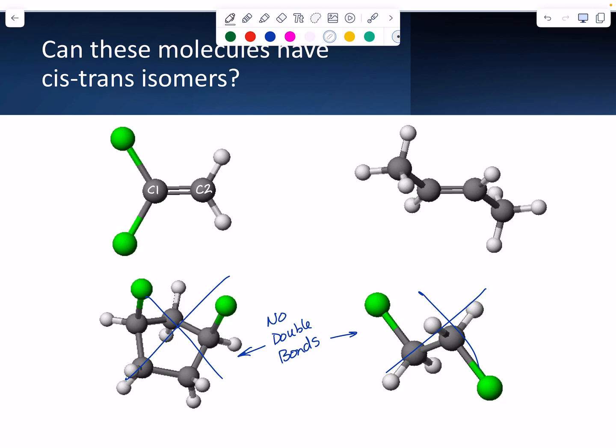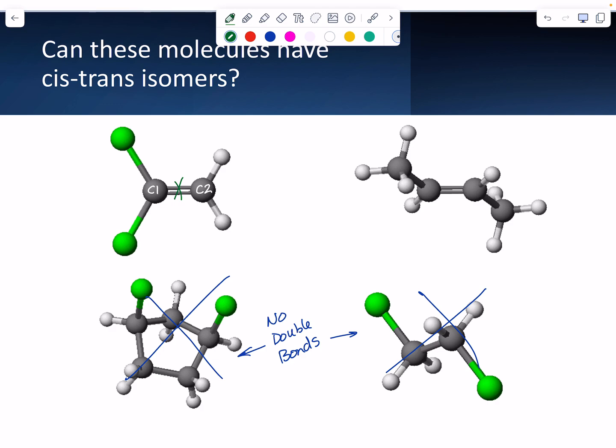I could have an ethene that has two chlorines, a dichloroethene, that has a cis versus a trans isomer, but in that case, the chlorines would have to be attached to different carbons. So if I break this bond, rotate around it, and then reform it, is my molecule any different than what I started with?